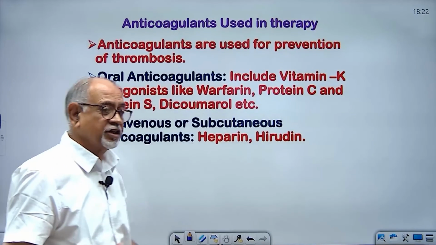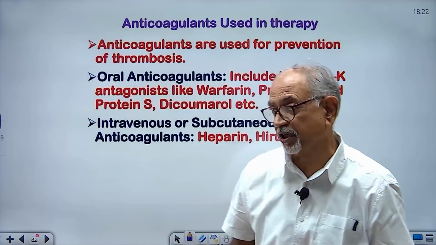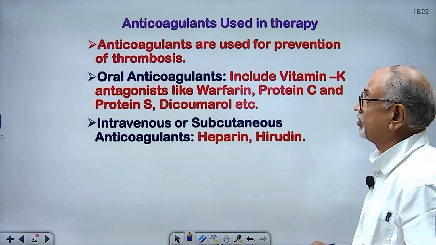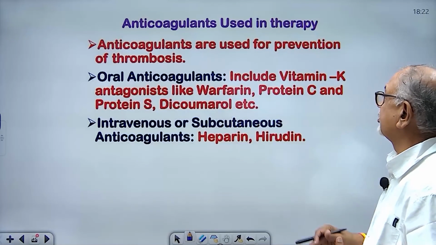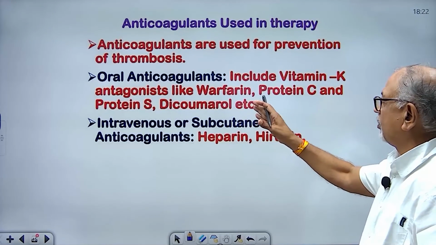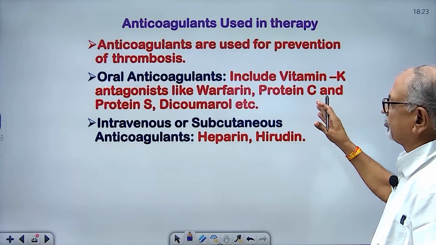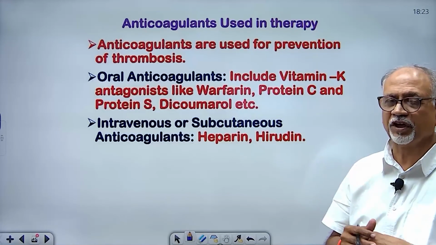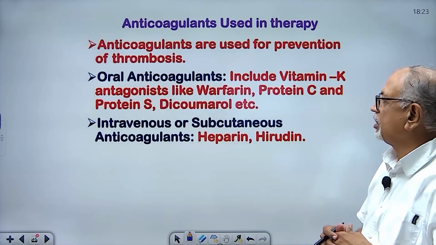Now, certain anticoagulants are used in therapy also for prevention of thrombosis. Oral anticoagulants include vitamin K antagonists like warfarin, protein C and protein S. We have already seen these two proteins make a complex which prevents coagulation.